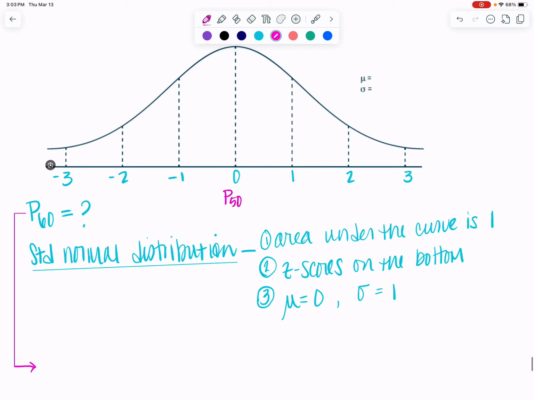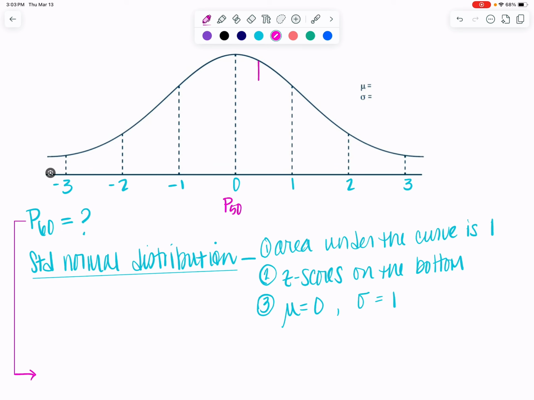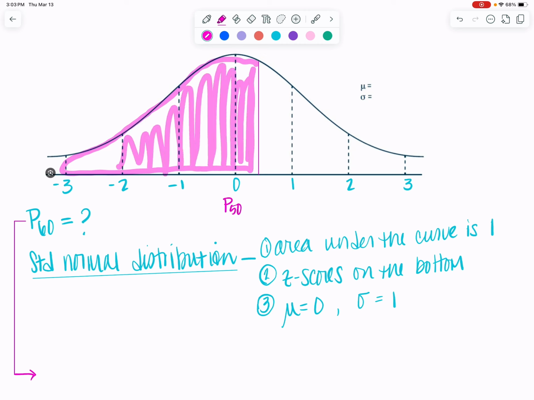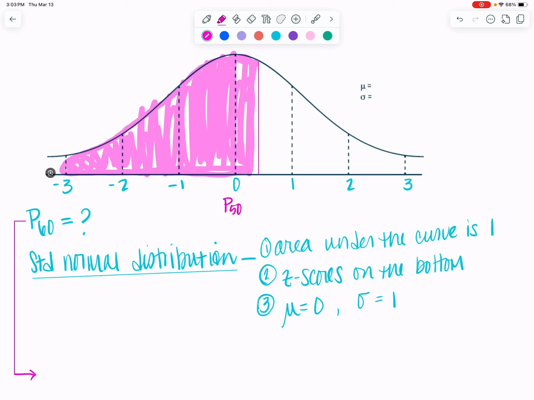So I'm going to go just to the right. And we are claiming that the area is 0.60. And we are looking for a mystery z-score.